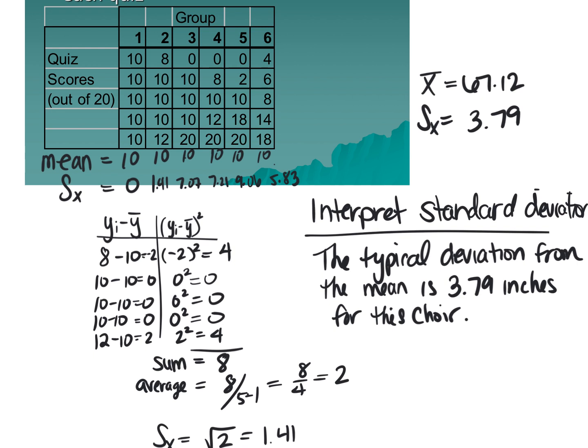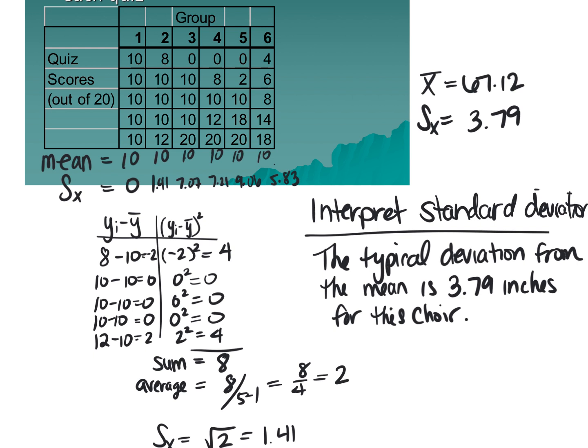So it's the typical distance every person's height is from the mean. We can pretty much say it that way every time. The typical deviation from the mean is blank, and what are you talking about, right? The standard deviation, and then add your context.